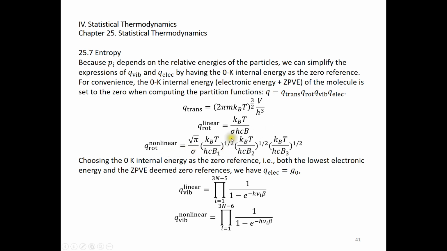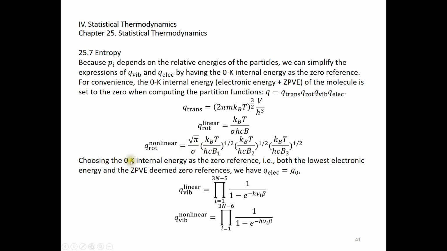Now multiplied by kBT over hcB1 to the power 1/2, kBT over hcB2 to the power 1/2, kBT over hcB3 to the power 1/2. So the essential difference between linear and nonlinear is this. For a linear molecule, its partition function is proportional to T. For a nonlinear molecule, its partition function is proportional to T to the power 1.5.